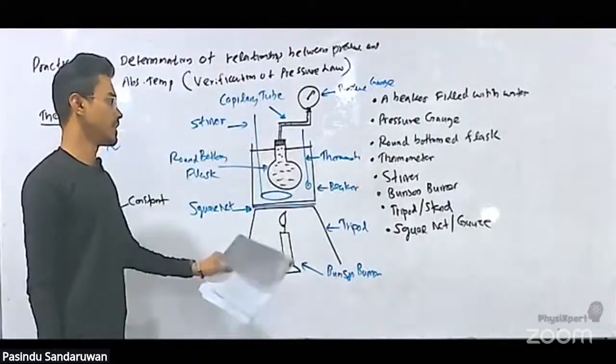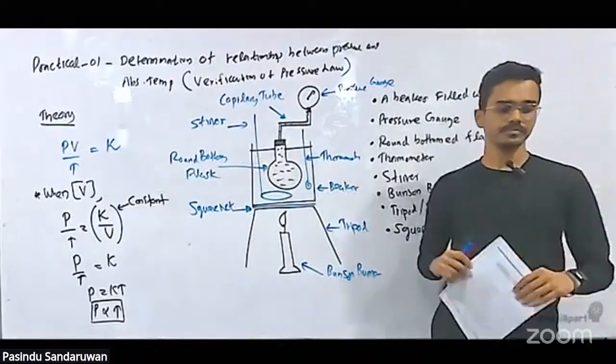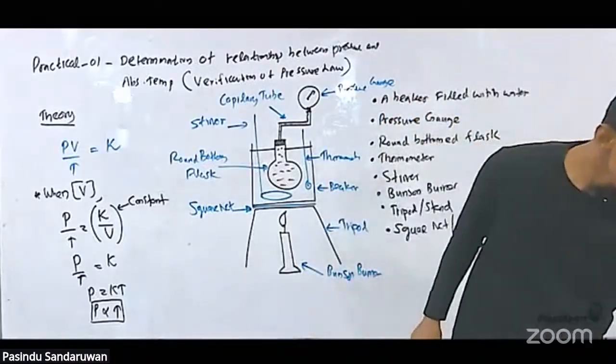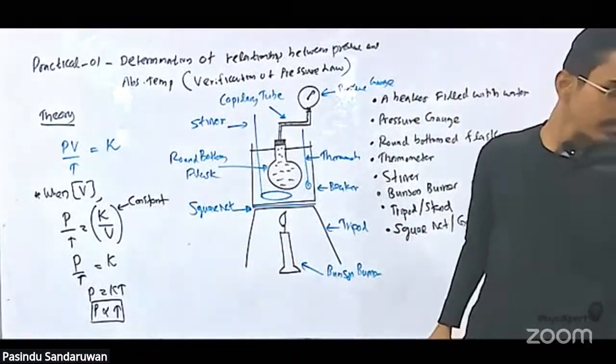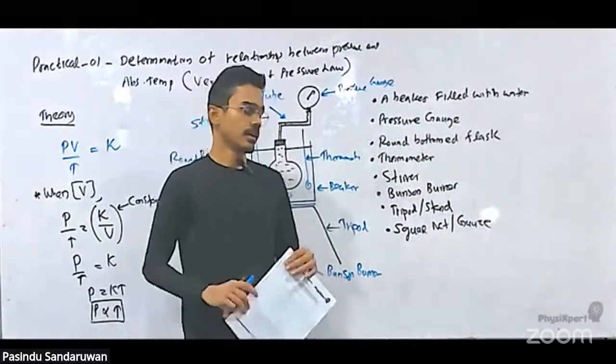Right. Write down in point form. First point. Right. Write down 6 readings. Yes, good. Write down first point.